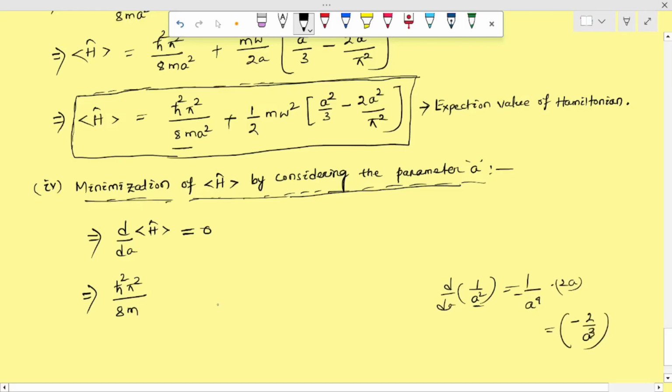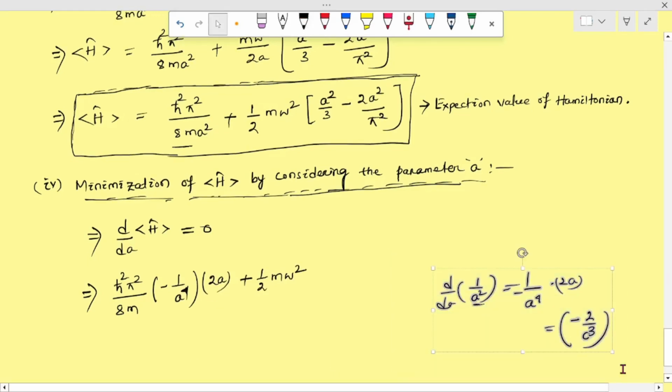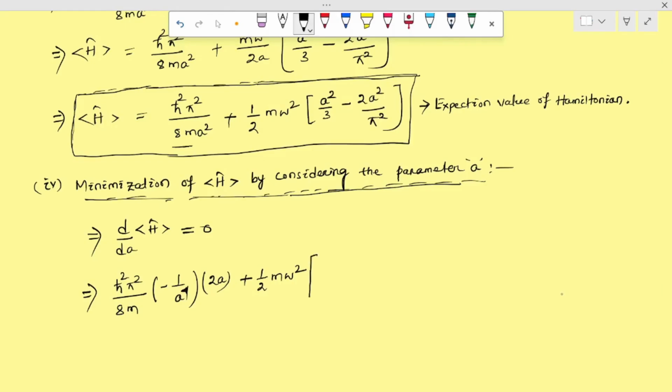Directly I have to write, or you can write, no problem, minus 1 by a⁴ into 2a, plus half mω² is there, then a² by 3. Differentiation with respect to a means it will be 2a by 3. Then 2a² by π², it will be minus; a² means 2a, so it will be 4a by π², equal to 0.